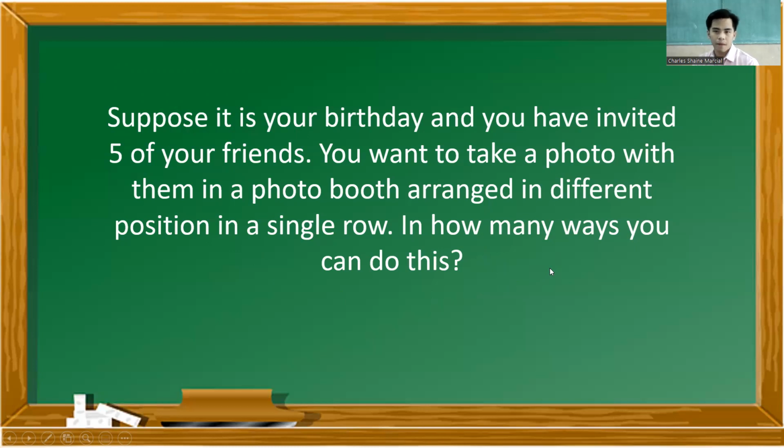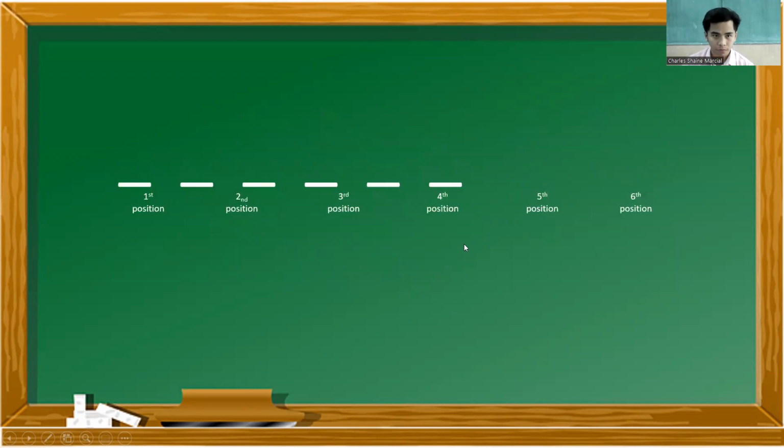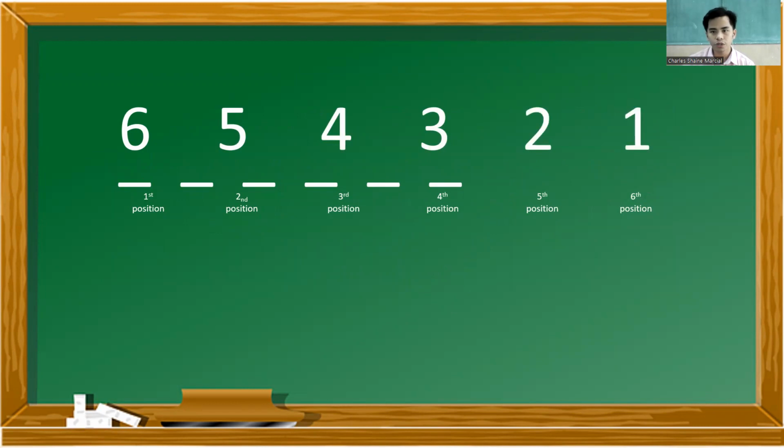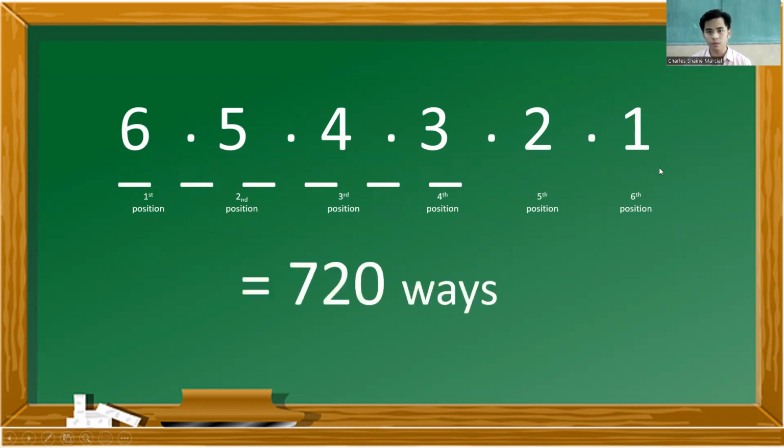Ibig sabihin 6 kayo na magsasama-sama sa pictures. Now, ilang different positions kaya ang magagawa nyo sa single row? Okay, so first position, so we have 6 positions. So, ang gagawin lang natin is we will just multiply 6 times 5 times 4 times 3 times 2 times 1, and that is 720. Okay, so ibig sabihin you have 720 ways or positions na magagawa in a single row.